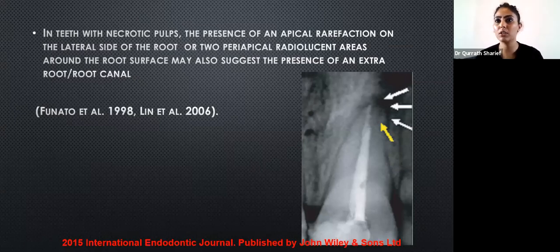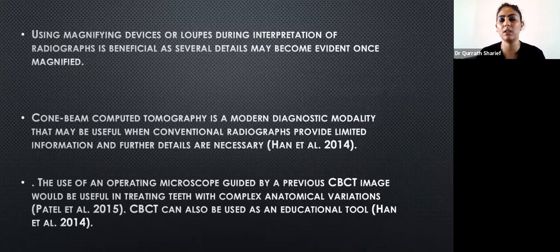This is very important. Or if you have an X-ray depicting two different periapical radiolucencies, again, this will show that there are extra roots or extra canals. So this is how you go ahead with the preoperative method.